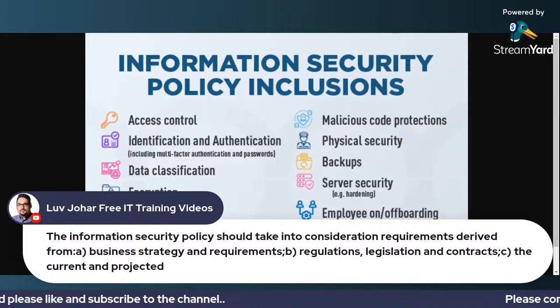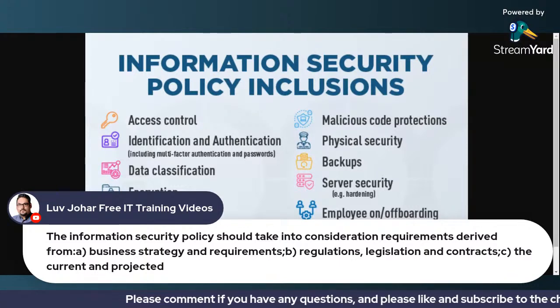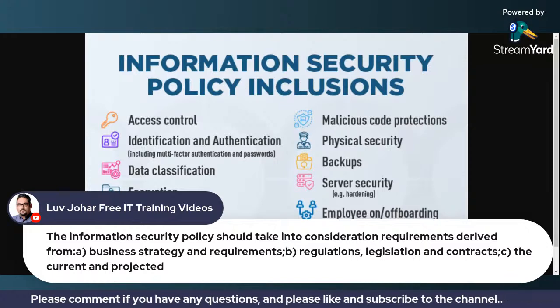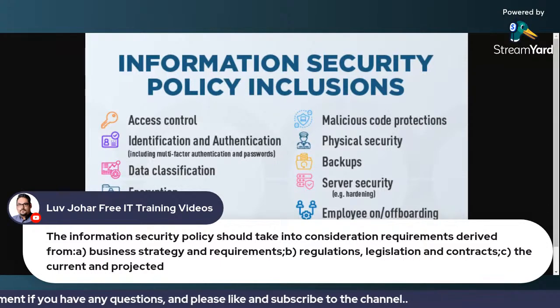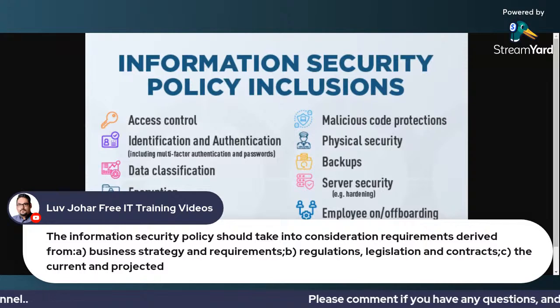Just to give you an overview of business strategy and requirements, it depends entirely upon what the future of the business is and where the business wants to be in the future. For example, if you are exploring new markets, what are the risks associated with that market? What are the security challenges, information security challenges, data security challenges related to that market?